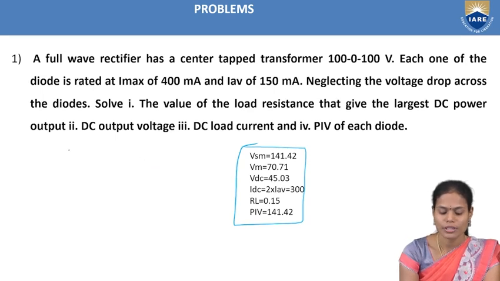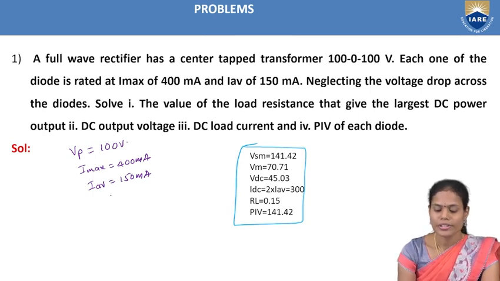So here they have given the primary voltage as 100 volts, and I maximum value equal to 400 milliamps and I average value is 150 milliamps.